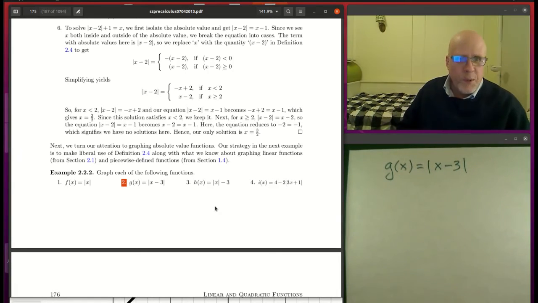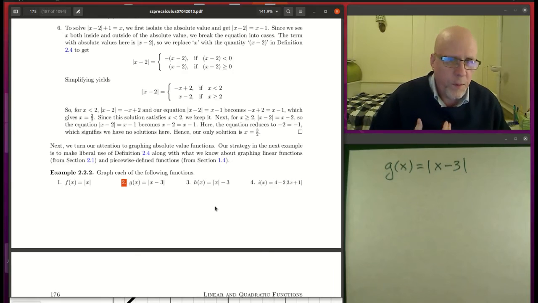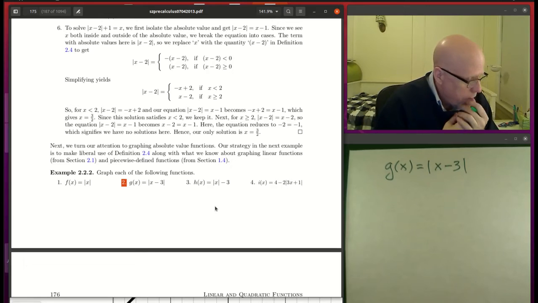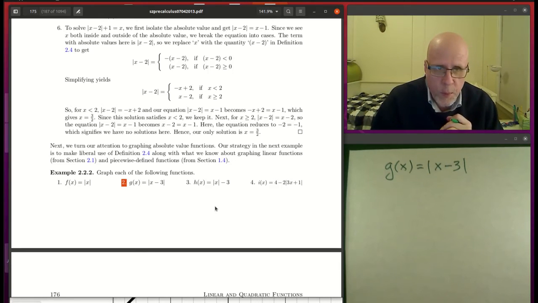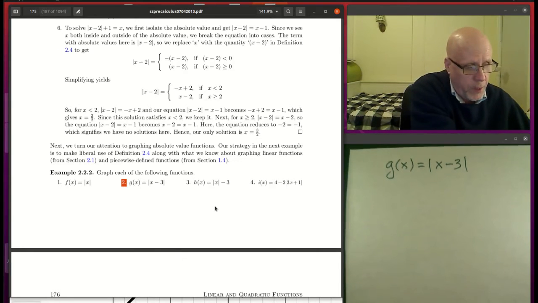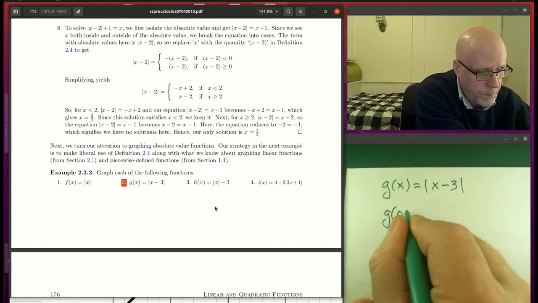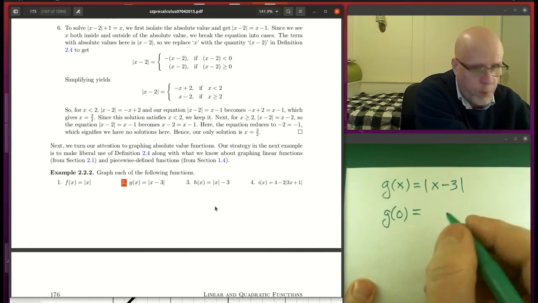So whenever you're trying to graph something, one of the first things you should do is just say, hey, I need to get some points that are on this graph. I need to get some places to work with. And one of those points is almost always really easy to calculate, because you can calculate the function applied to 0. What would g of 0 be here?